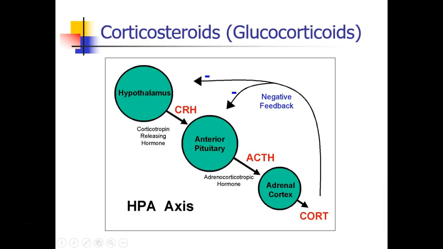We see that the hypothalamus secretes corticotropin-releasing hormone, which goes to the pituitary gland, the anterior pituitary, and stimulates it to release ACTH, adrenocorticotropic hormone. And that travels to the adrenal cortex and causes release of cortisol. And then cortisol has negative feedback on the first two glands to prevent further release of cortisol.